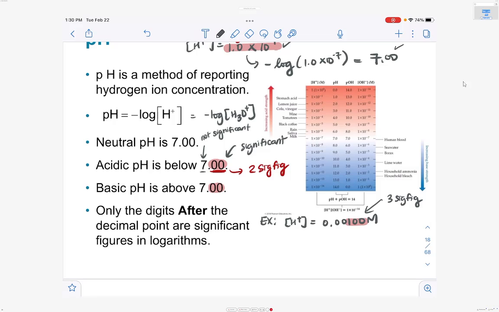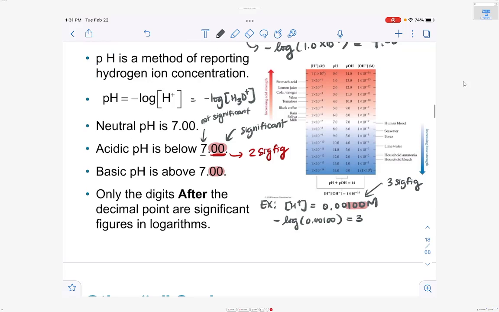If you take the negative log of this value, you get 3. But 3 is not enough. The answer should contain 3 significant figures after the decimal point, so you need to put 3 zeros to match the original value's 3 significant figures.